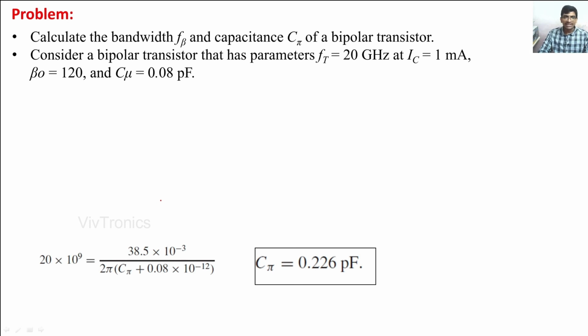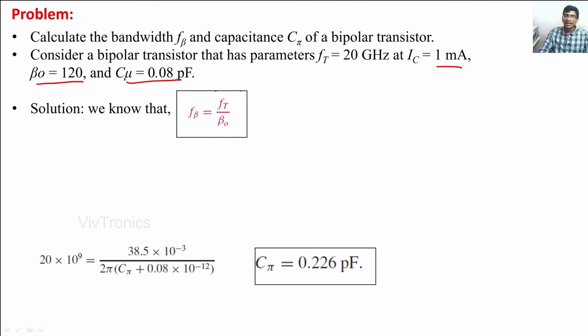Calculate the bandwidth f beta and the capacitance C pi of a bipolar transistor, taking the transistor parameters ft equal to 20 GHz, IC equal to 1 milliampere, beta naught equal to 120, and C mu equal to 0.08 picofarads.